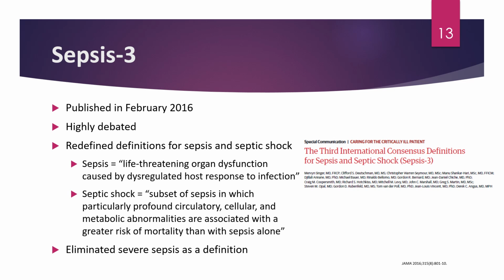They defined sepsis as, quote, a life-threatening organ dysfunction caused by a dysregulated host response to infection. And they defined septic shock as a subset of sepsis in which particularly profound circulatory, cellular, and metabolic abnormalities are associated with a greater risk of mortality than sepsis alone. That last definition is very broad.